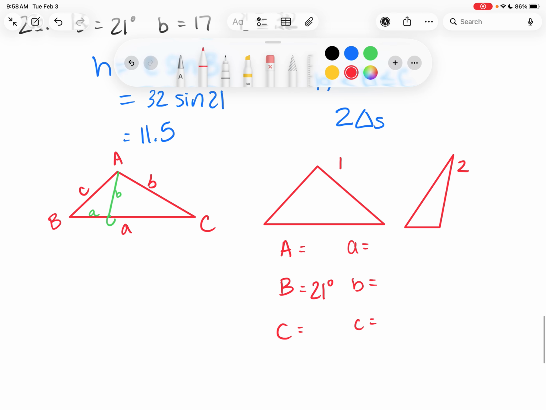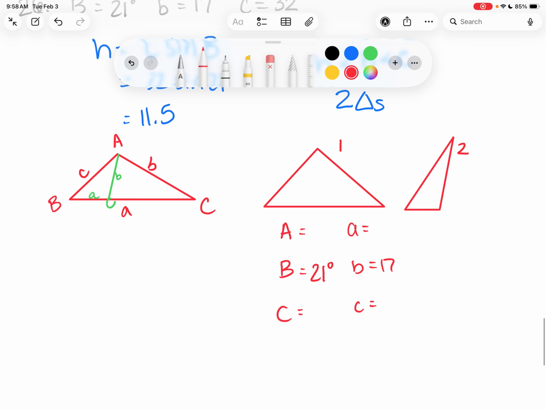Side B was 17, and side C was 32. These things within my triangles can never change, okay? That is straight up given information. That will also be the case over here for triangle 2. So if you want to go ahead and write in the stuff for triangle 2, we can write the stuff that we know for a fact, which is what was given to me. The other values are what will be changing.